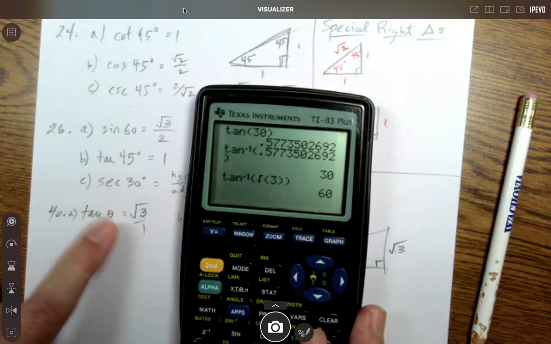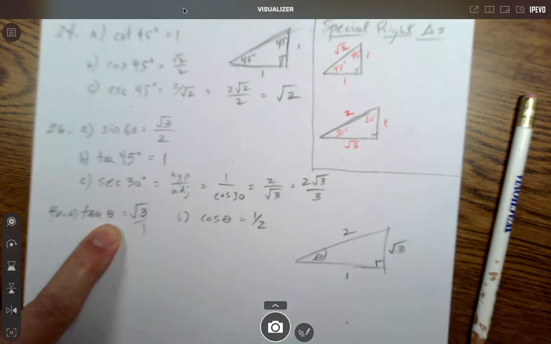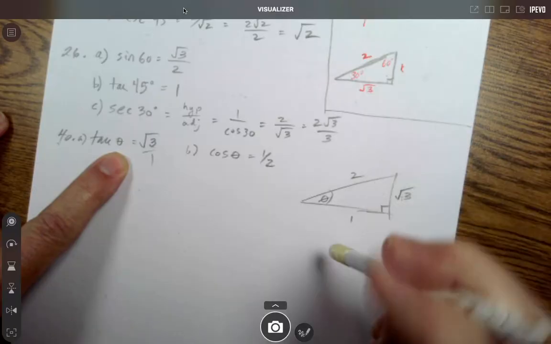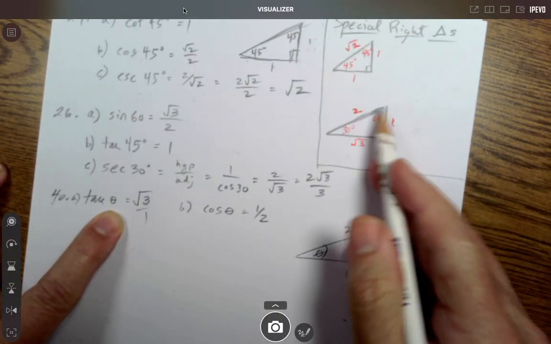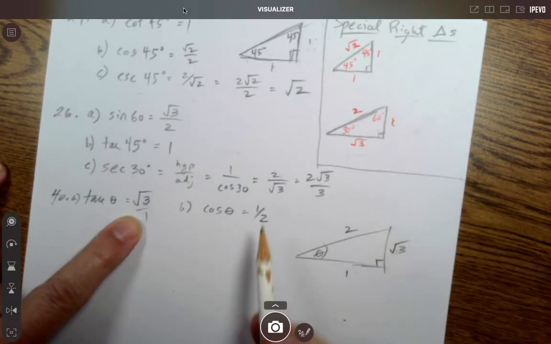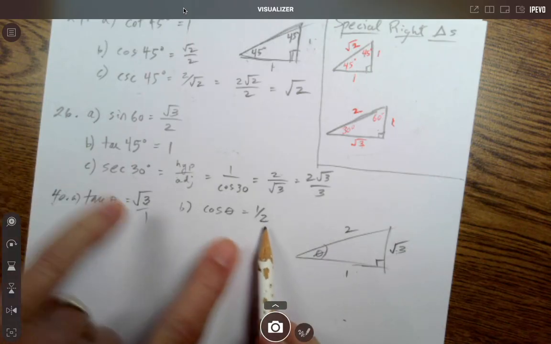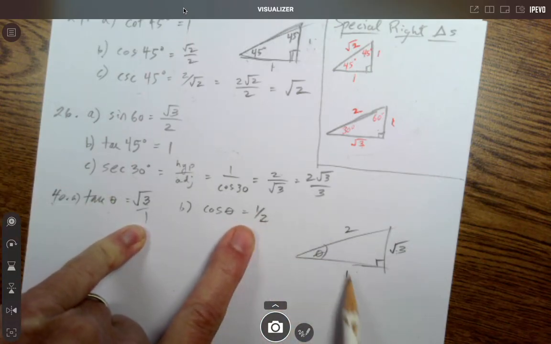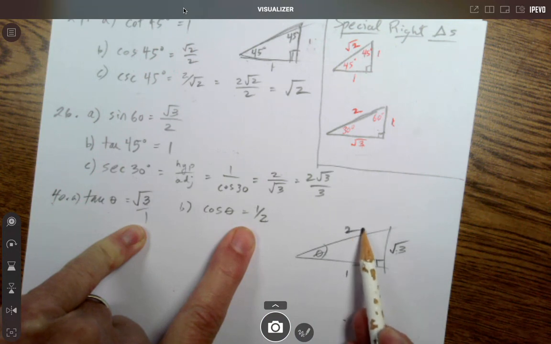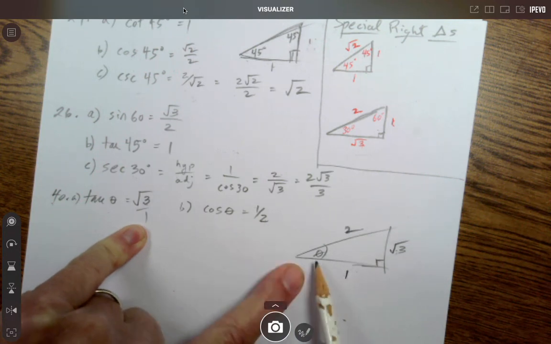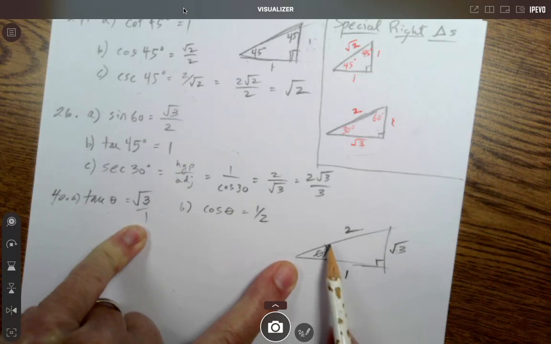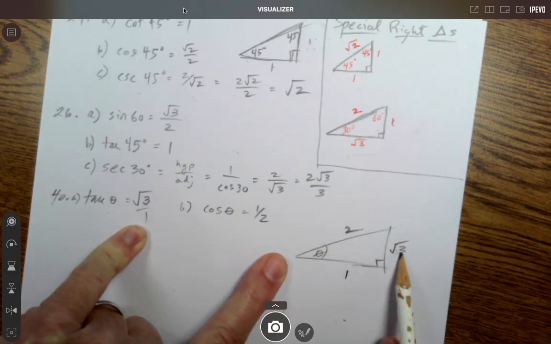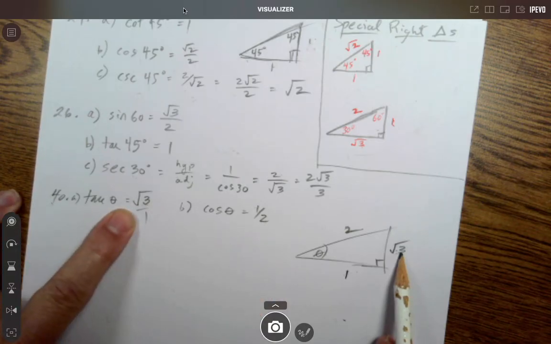Right, so theta right here is 60 degrees. Now, how do I know from my drawing? Well, because I've got this memorized here, I figured out the sides of the triangles from the ratios they gave me. Like cosine, remember, was 1/2, so that means the hypotenuse is 2 if this side is 1. And then that allows me to use Pythagorean's theorem to figure this out if I need to, right?